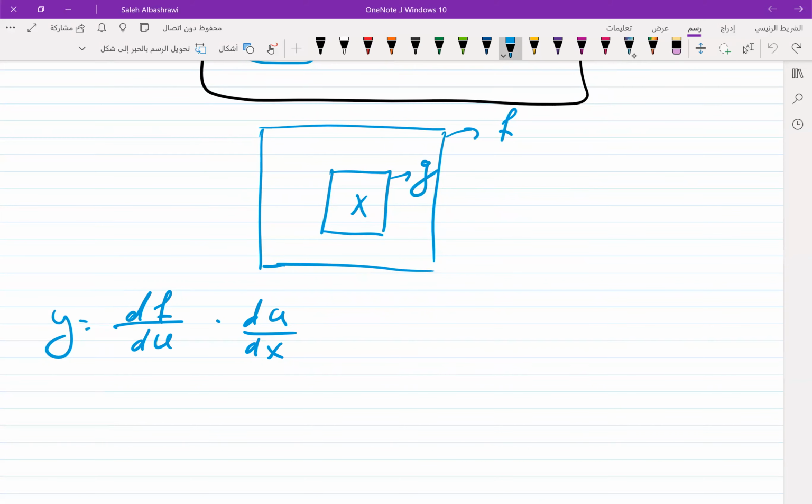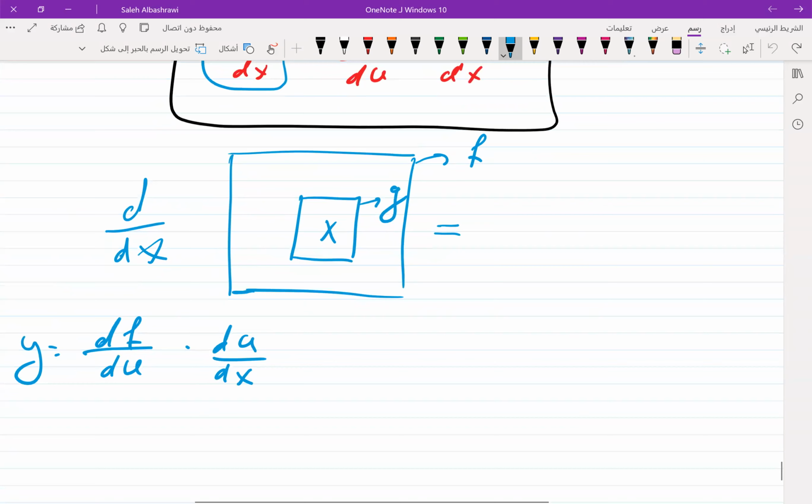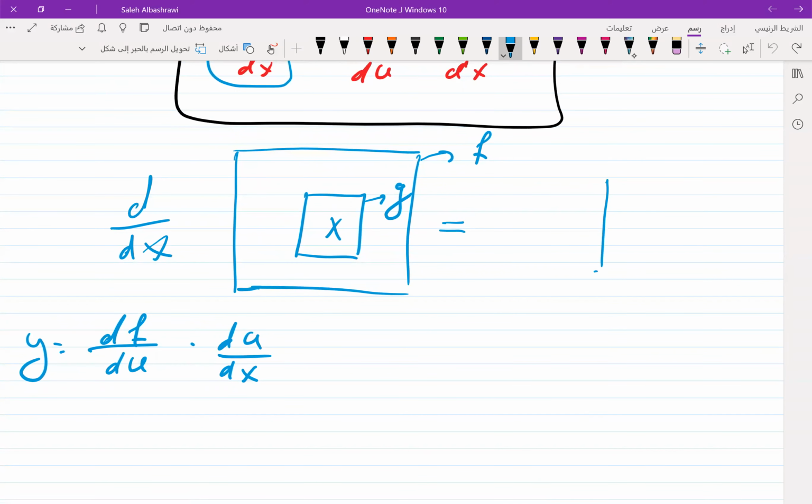The derivative is like we are opening the boxes. So if I want to find d by dx of this box, first step, I'm going to open the first box. This is f prime. Inside that box, I have still another box, which is g. G is still not opened.